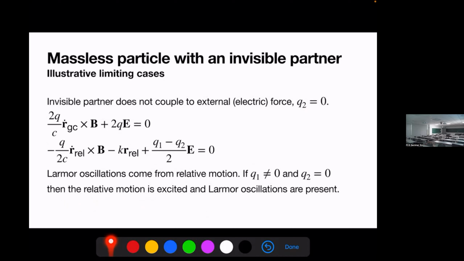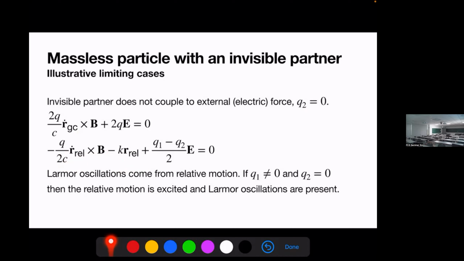Another way to see why there are Larmor oscillations is to look at the equations of motion for the guiding center and for the relative position. It is in fact the relative position that is responsible for the Larmor oscillations, because remember, the Larmor oscillations had a frequency proportional to the strength of K divided by the strength of B. So the Larmor oscillations come from this.